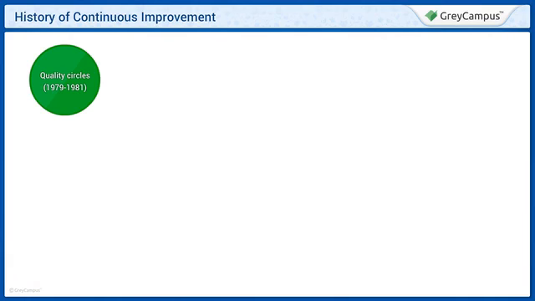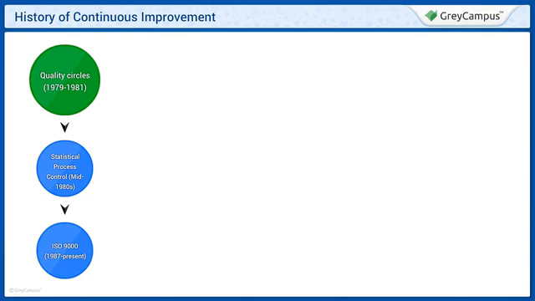Quality Circles, 1979 to 1981, are quality improvement or self-improvement study groups composed of a small number of employees, 10 or fewer. Statistical Process Control, mid-1980s, the application of statistical techniques to control a process, also called Statistical Quality Control.